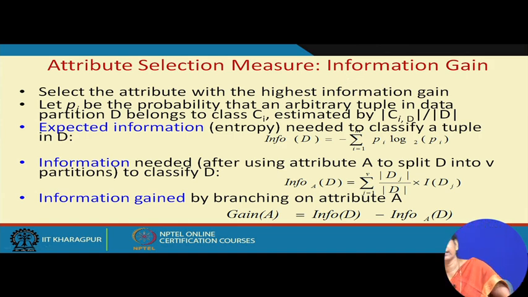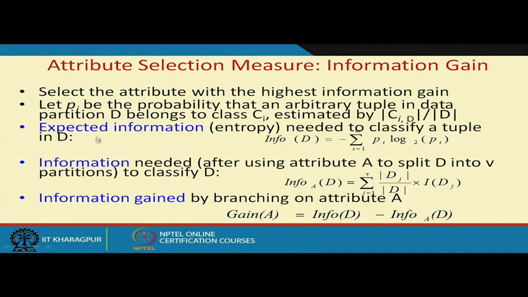People who have taken a course on data mining must know that there are many measures for partitioning data, but out of those we will choose only one, just to show how this kind of decision support situation can be implemented. The measure we use for partitioning this data set is information gain.